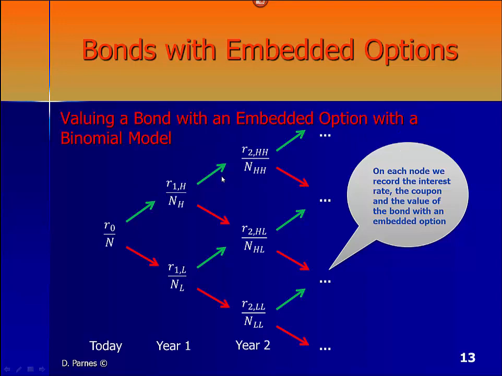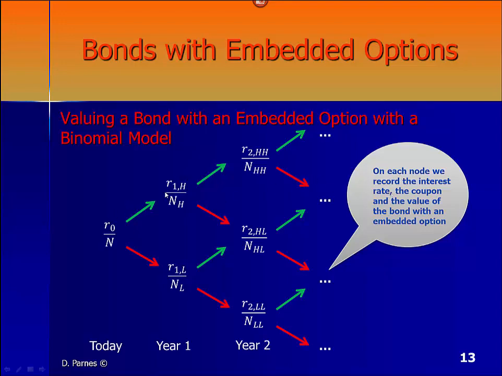Just remember, the concept here is that interest rates or spot rates, you're creating them by moving forward in time, but the value of each bond, using both either a random event or a decision, some sort of interference either by the issuer or by the bondholder, we're moving backward in time.